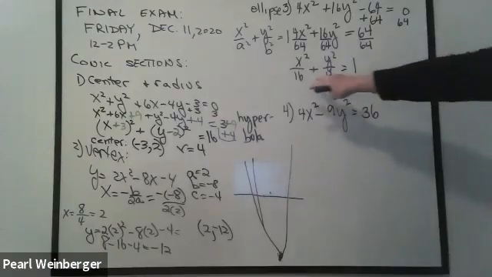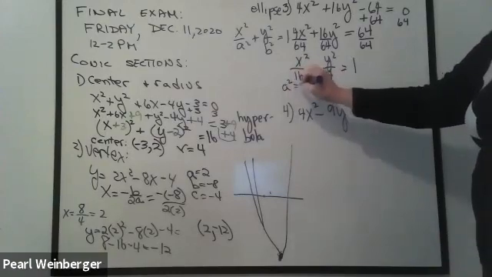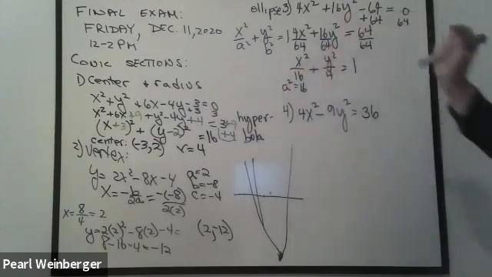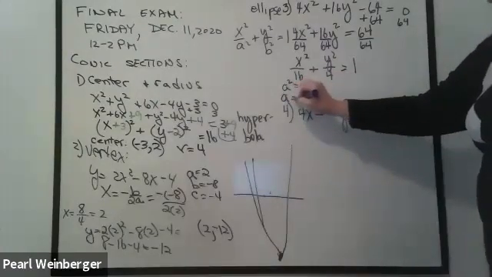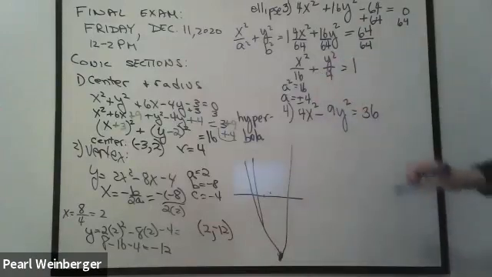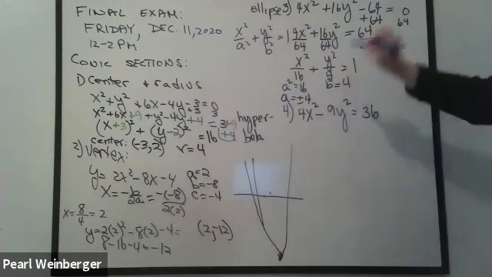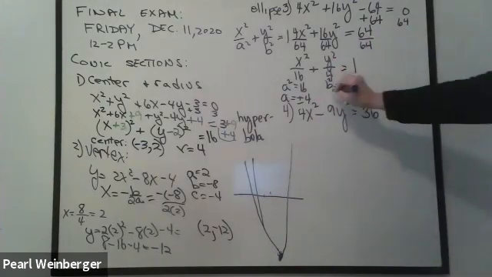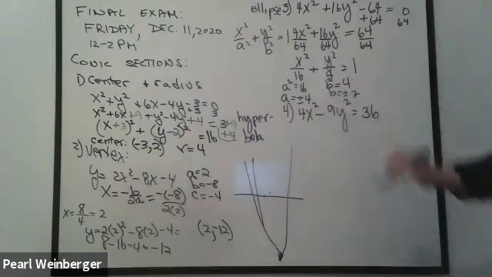Now, in our case, the a squared is 16, because the number underneath the x squared is the a squared, which means the a is either plus or minus 4. The b squared, which is the number under the y squared, in this case happens to be 4, which means the b is plus or minus 2.